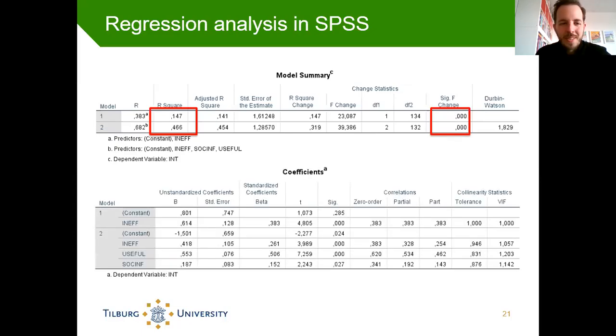Let's look at one more important table. Of course, you also want to know whether separate predictors have a significant influence on your outcome variable, on people's willingness to use a new technology. Here we first get this for model 1, and remember that in model 1 there was just one predictor, right?